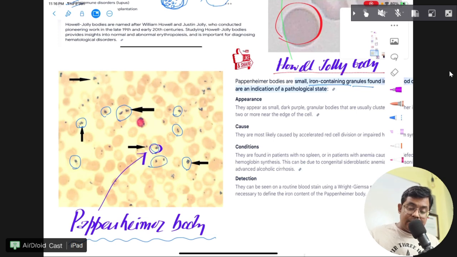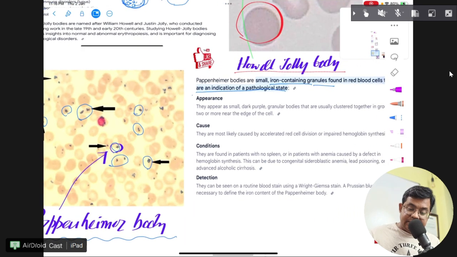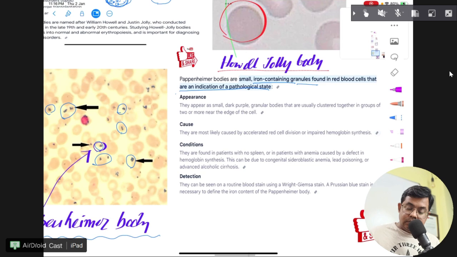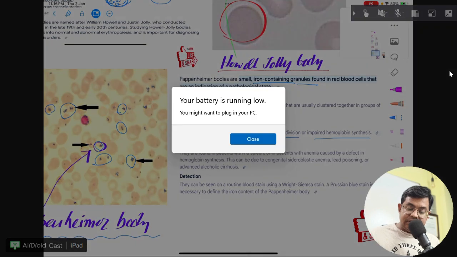They are composed of iron, and the presence of these Pappenheimer bodies indicates some pathological states. So they are most likely caused by accelerated red cell division or impaired hemoglobin synthesis.